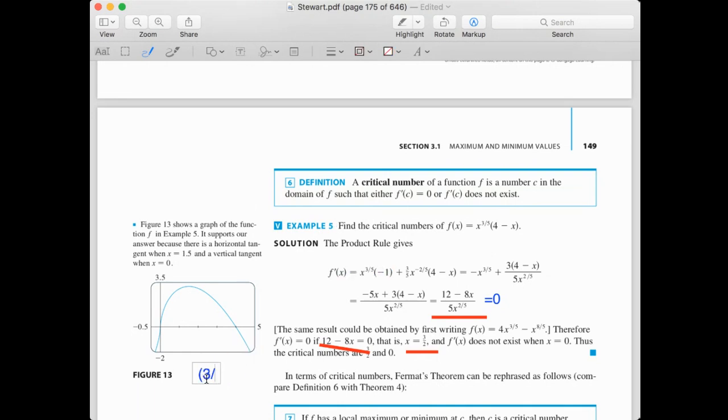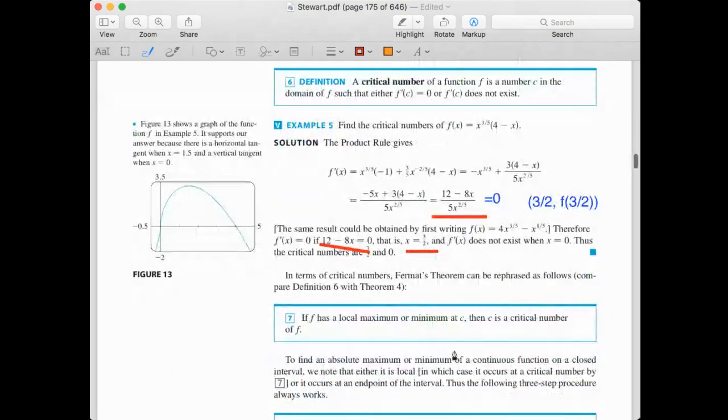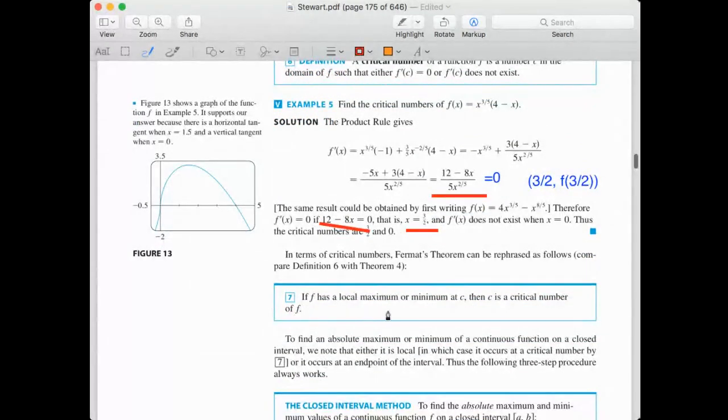So 3 over 2 and f of 3 over 2 we call the critical point. Only the x value we call a critical number; the x value with the y value we call a critical point. So if f has a local maximum or minimum at number c, then c is a critical number of f.